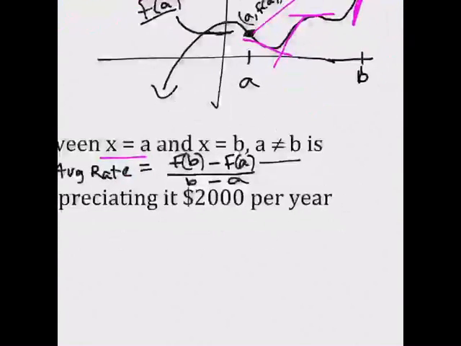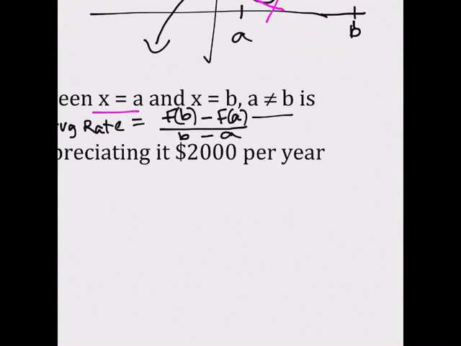I'm going to give you an example. So let's do one down here. Let's do x squared. We all love x squared. Let's go from -1 to 2, which would be right here.